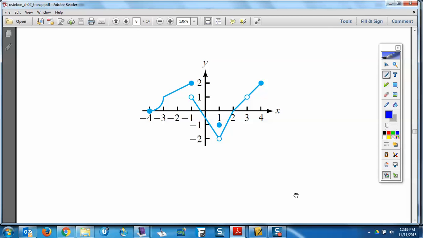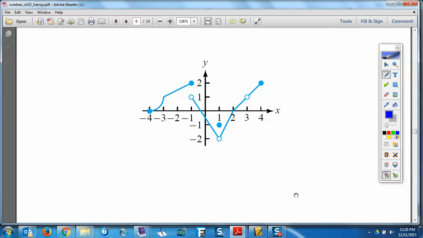From the left as x approaches -1, what's the limit? Well, that means you're only looking at the car that's coming from the left. Where does it go to? 2. So the limit from the left would be 2. But the limit from the right is 1, right? So the limit at -1 does not exist, like we said, because the limit from the left is different from the limit on the right. See? So you're going to get some problems with those.